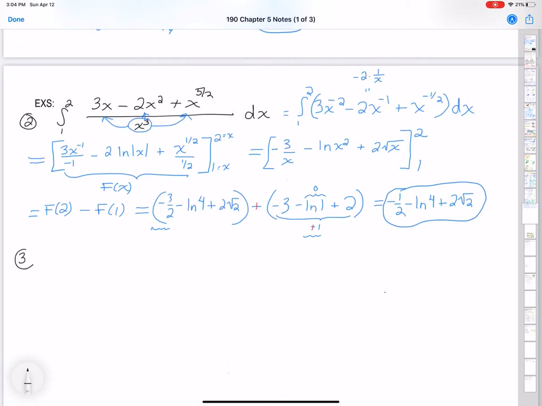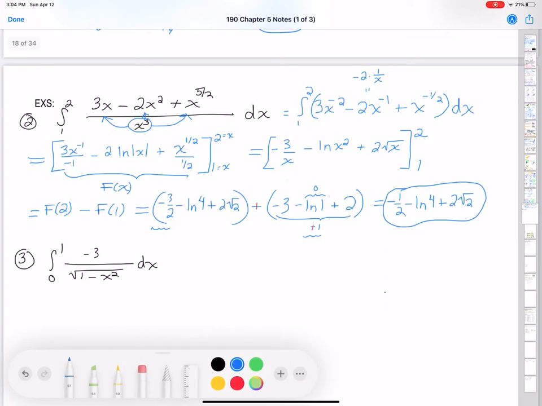So number 3, let's look at the definite integral from 0 to 1 of negative 3 over the square root of 1 minus x squared dx. All right, so this is one that we should know from a very specific list of previously learned derivatives.